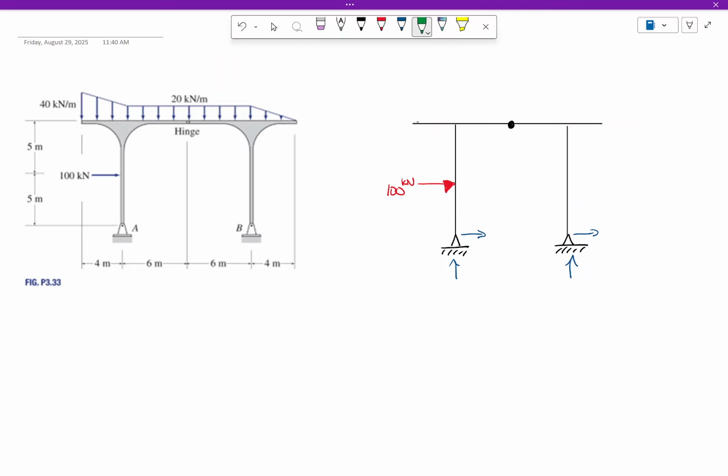So could I say, let's have a single load that's distributed, and then maybe 2 triangular loads.